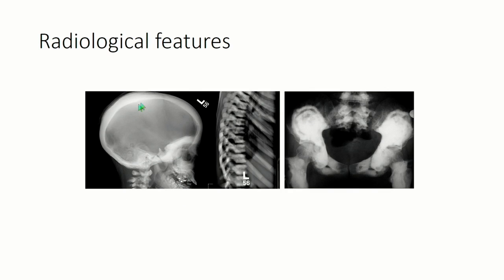The radiological features of osteopetrosis of ADO2 actually are quite peculiar because it's not a diffuse osteosclerosis, but is mostly localized in the skull, especially in the skull base, in the vertebrae, and in the pelvis.